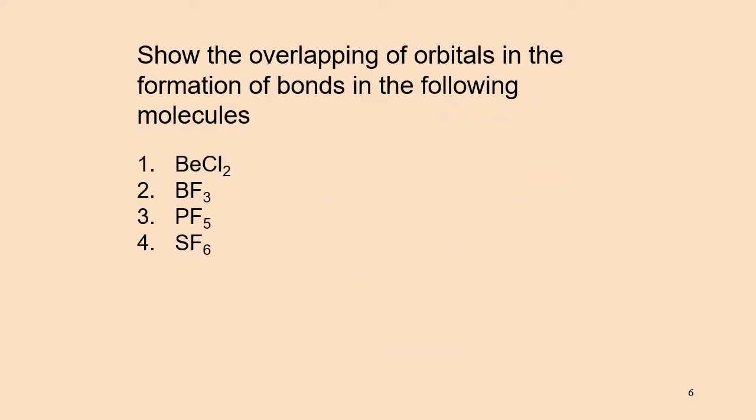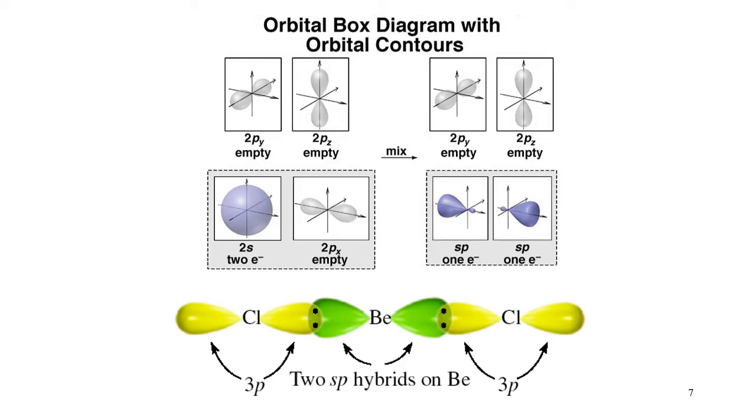Let's do more practice and please check the answers with your lecturer. Beryllium chloride follows hybridization for sp. So beryllium chloride is BeCl2. We know it will produce a linear molecule, and the sp orbital is shown in the slide.